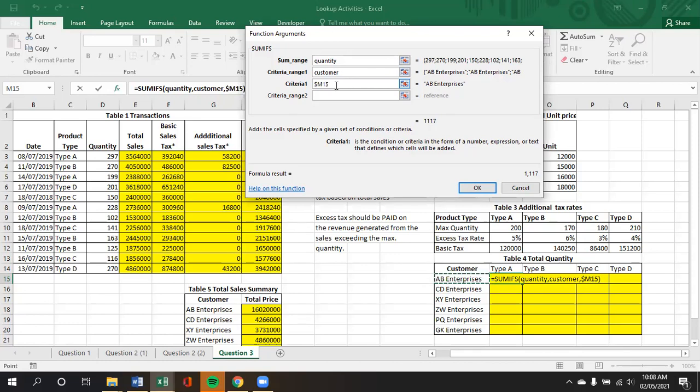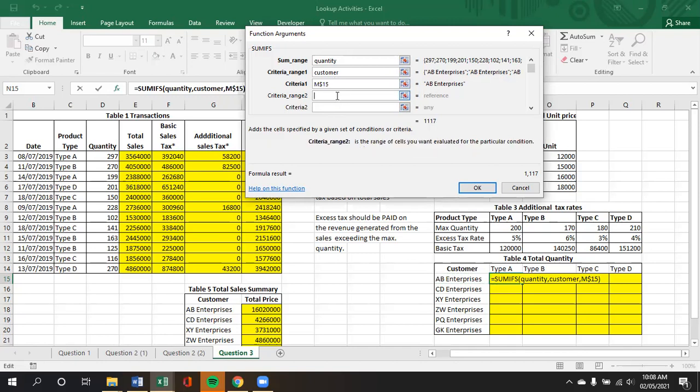You want to keep the column relative, but the row constant. Then you have put that dollar mark in front of the row.